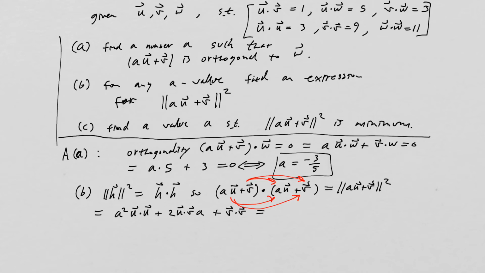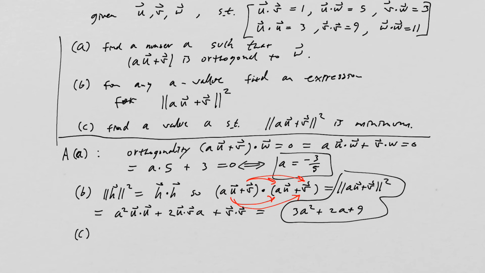And then we look up to our table of values for all those dot products, and they're there. So we get 3a squared plus 2a plus 9. All right, so that right there represents that magnitude.